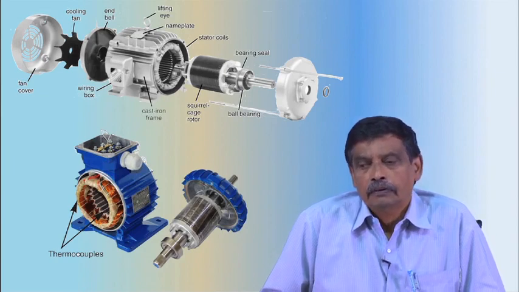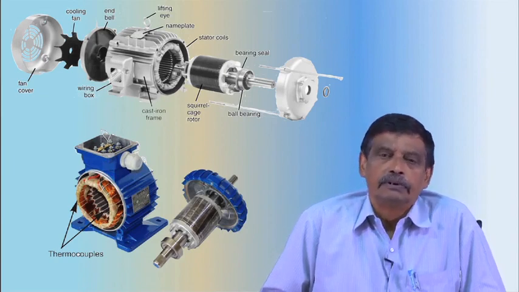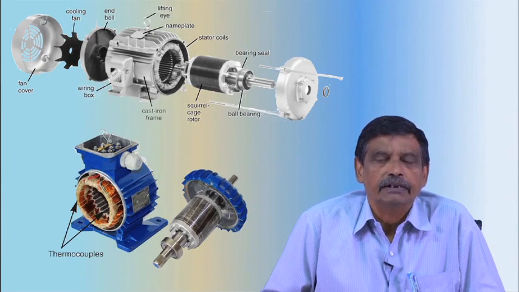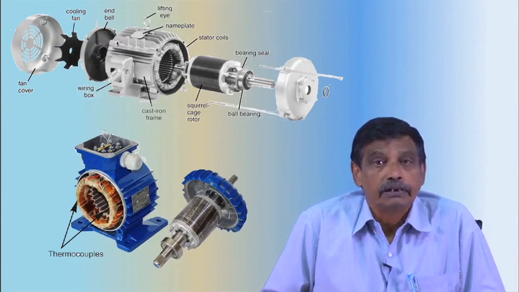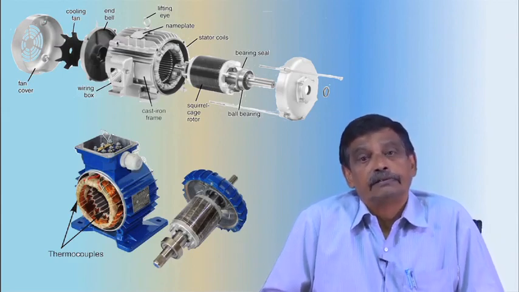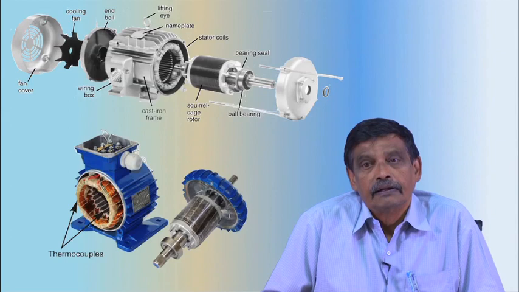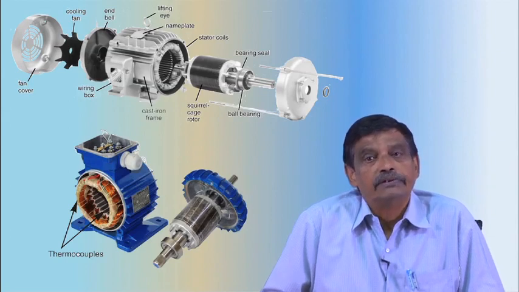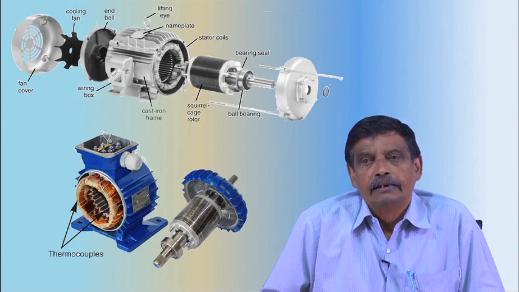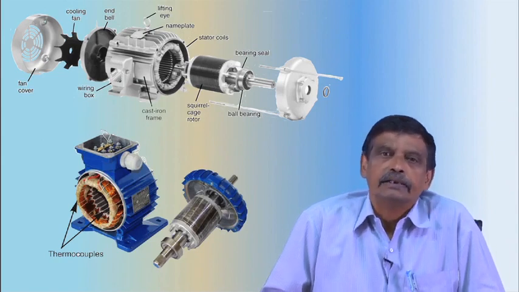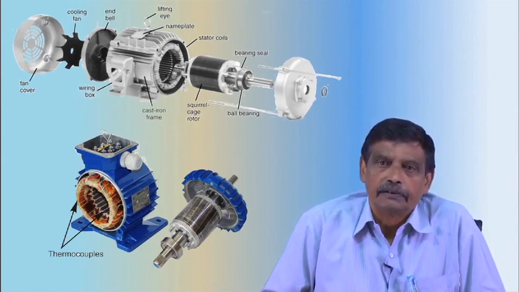So, whenever we talk about rotating magnetic field, we must be very clear what is the speed of that rotating field, what is the strength of the rotating field, and in which direction it is moving, and who decides the magnitude of that rotating field.